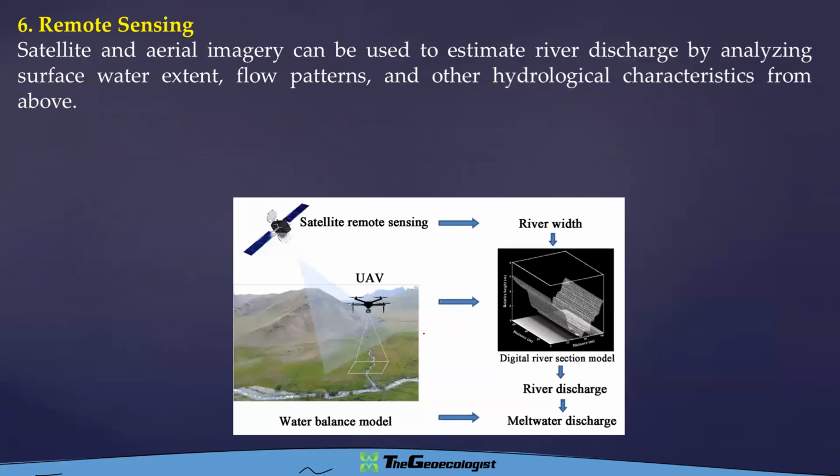And now in the modern world, what do we use? We use remote sensing platforms for this. So remote sensing, that is satellite based and aerial photography based, can be used to estimate river discharge by analyzing the surface water extent, flow patterns, and hydrological characteristics. You can observe here that UAVs, drones, unmanned aerial vehicles, are now commonly used.